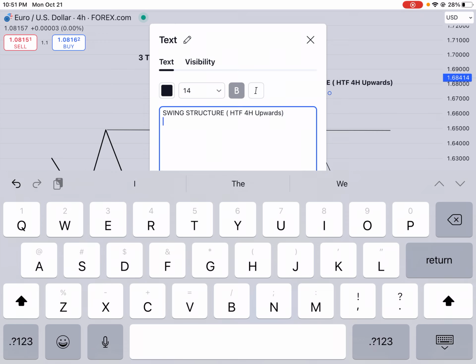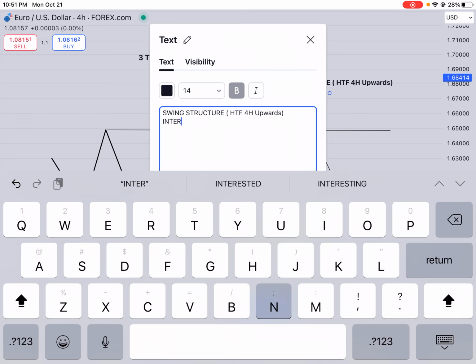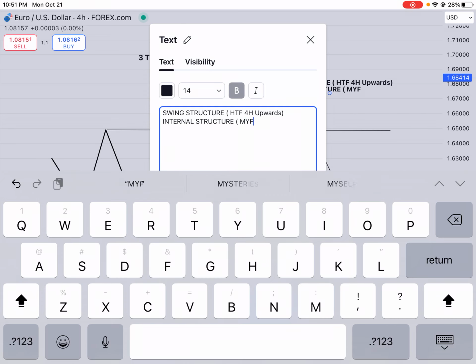Depending on the kind of trader you are. If you're a scalper, your higher time frame can be 30 minutes, can be 1 hour. If you're a day trader, you can use that. Different types of traders. So we have the internal structure. That is where you use the medium time frame, MTF.